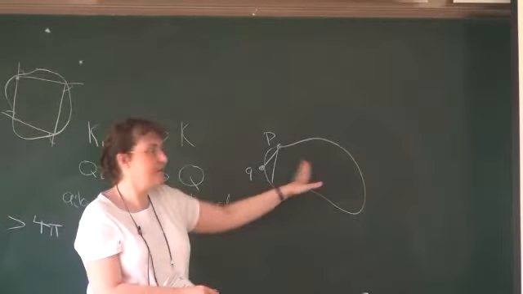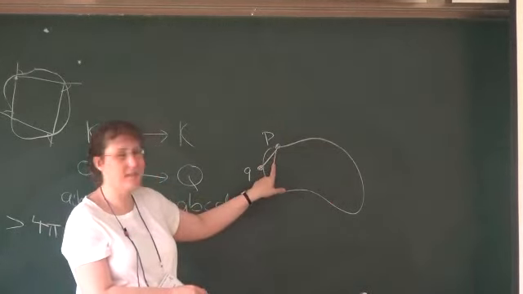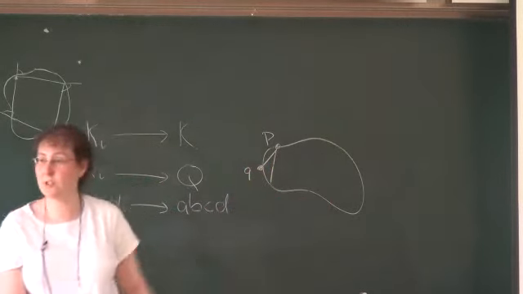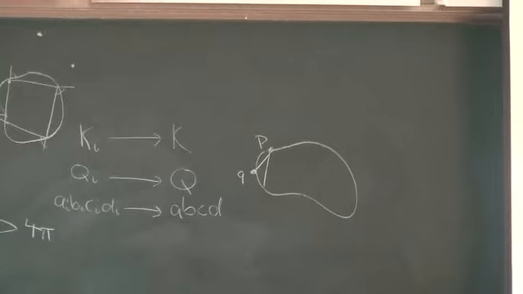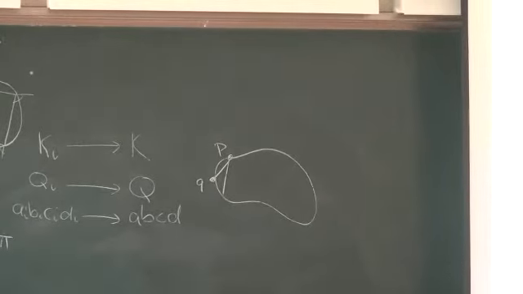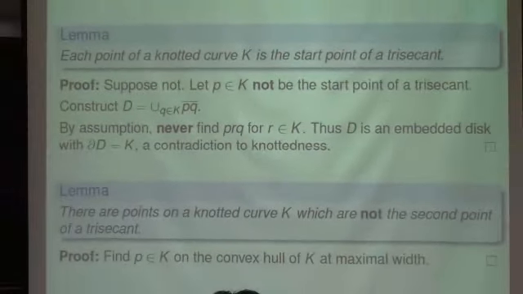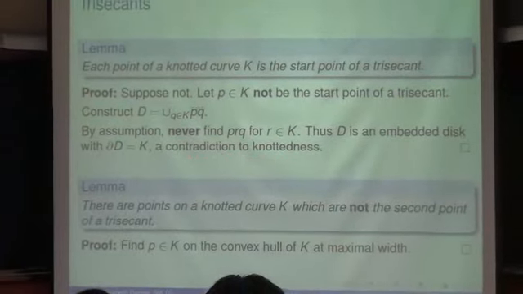So this picture is good. I'm never going to have the boundary intersecting these lines because it's not the first point of a trisecant. So this is an embedded disk with the knot as its boundary. And this means that the knot is the unknot. It's an equivalent definition. And that's a contradiction because we assumed it was knotted.